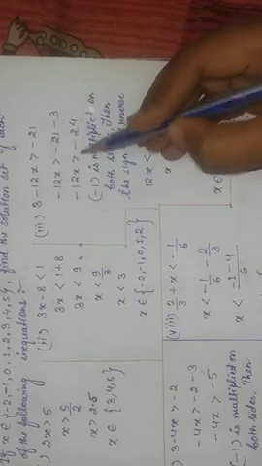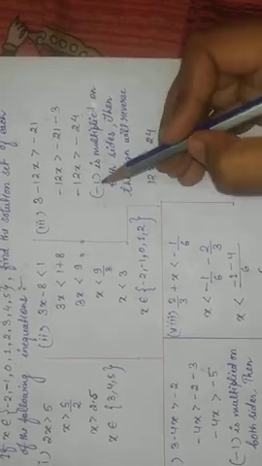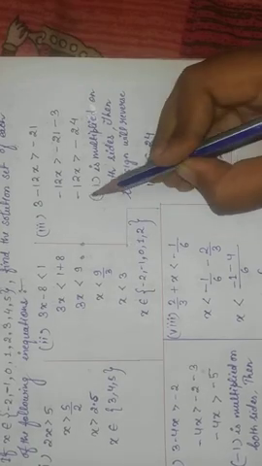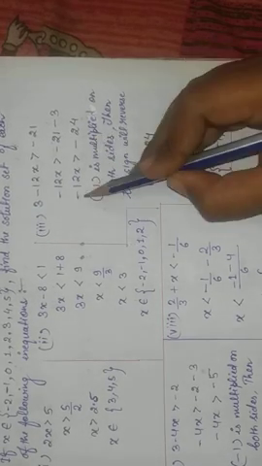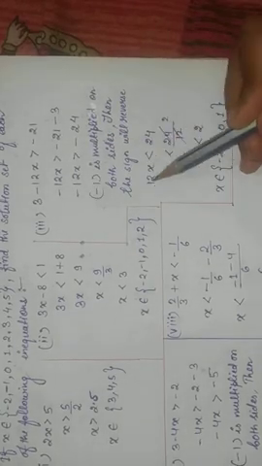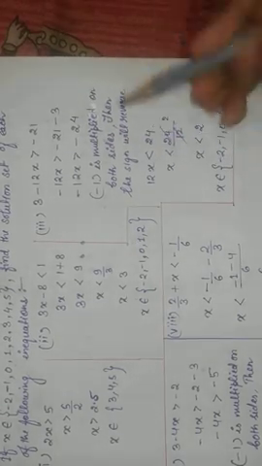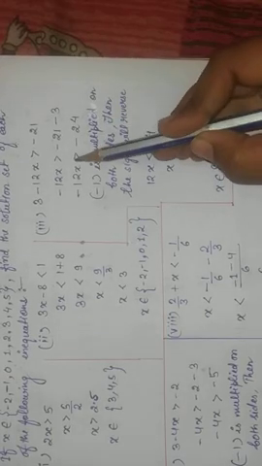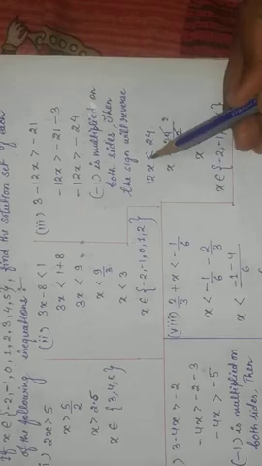Here it is greater than, but here it is less than, because -1, which is a negative integer, is multiplied on both the sides. Therefore, the sign will reverse. So this greater than will become less than.